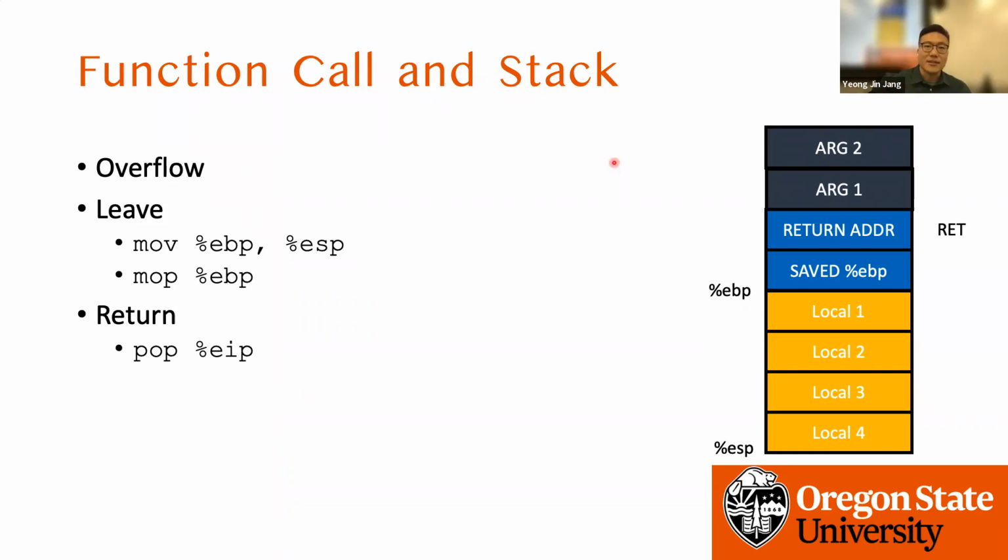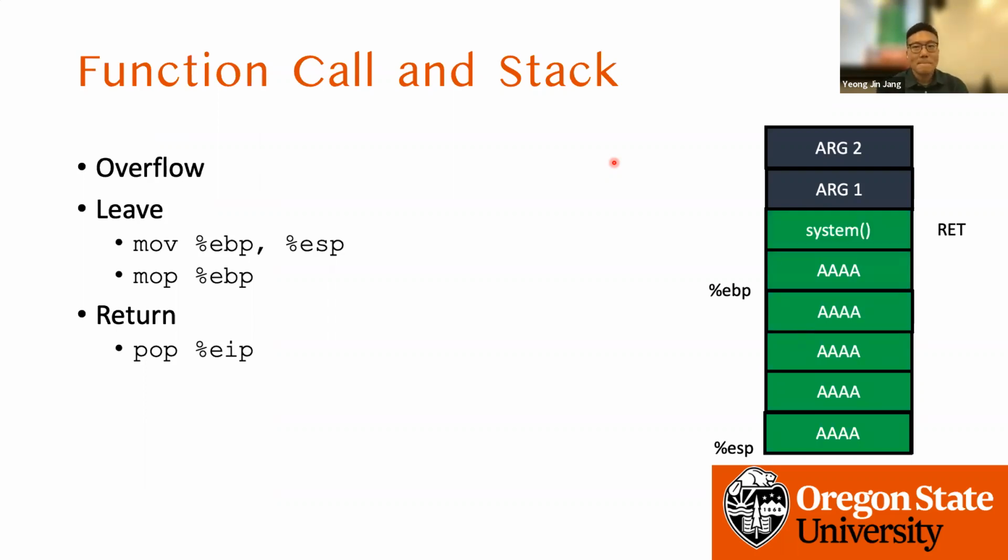Then let's start overwriting like this, and we will put the address of system. When the function runs leave, EBP will be changed to a weird value, but we don't care. The ESP will be here, and then return is actually pop EIP. So when we get to the execution of system, ESP will be here.